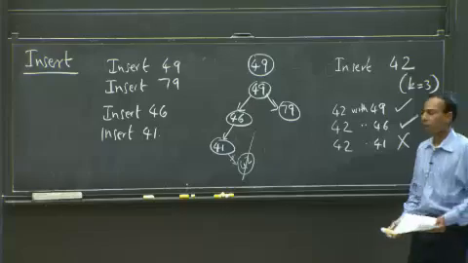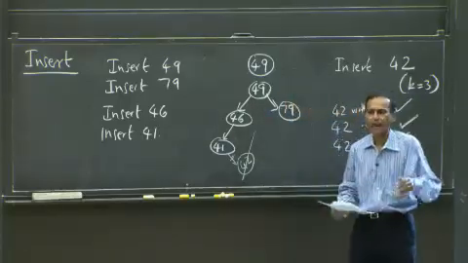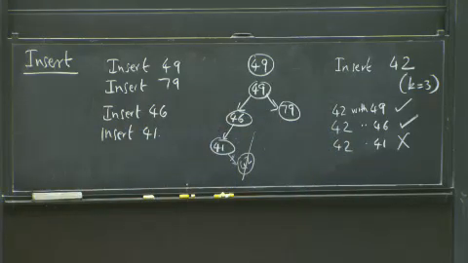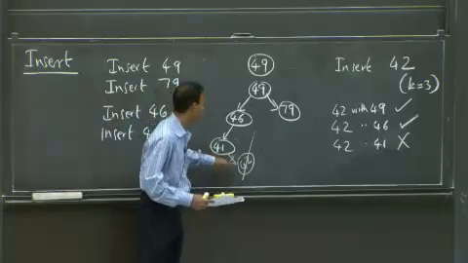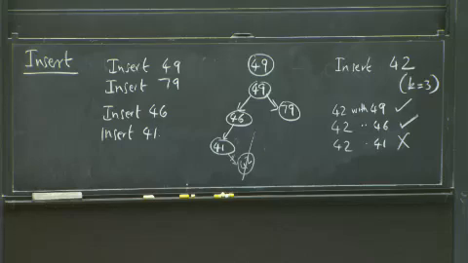All right? So what's happened here is it's basically a sorted array, except that you've added a bunch of pointers associated with the tree. So it's somewhere between a sorted list and a sorted array. And it does exactly the right thing with respect to being able to insert. Once you've found the place to insert, it's merely attaching this new node with its appropriate key to the pointer. All right?